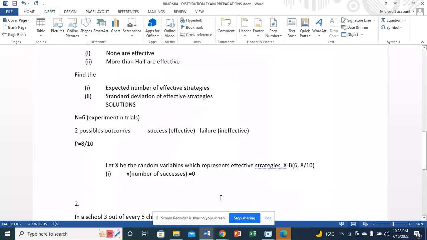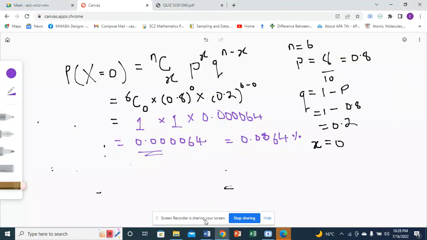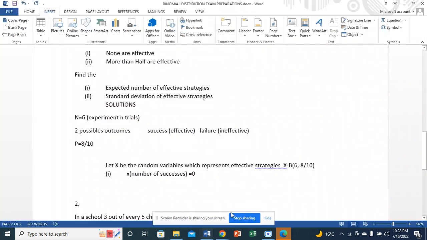So let's copy and paste that. We go to part 2, the probability that more than half are effective.